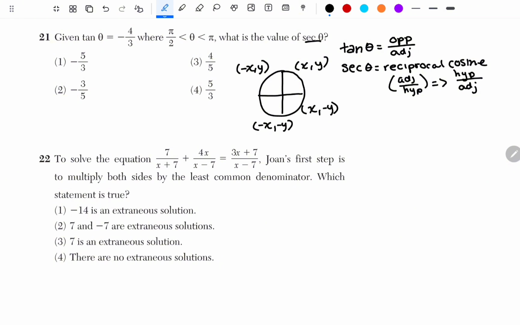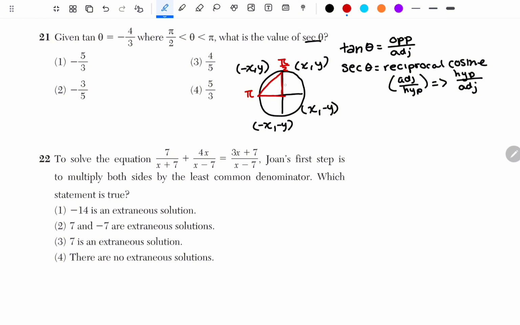And you'd be like, Haneen, why are you doing that? Well, we're told that tan theta of negative 4/3 occurs where theta is greater than pi over 2, but theta is also less than pi. So we know our triangle forms right here.